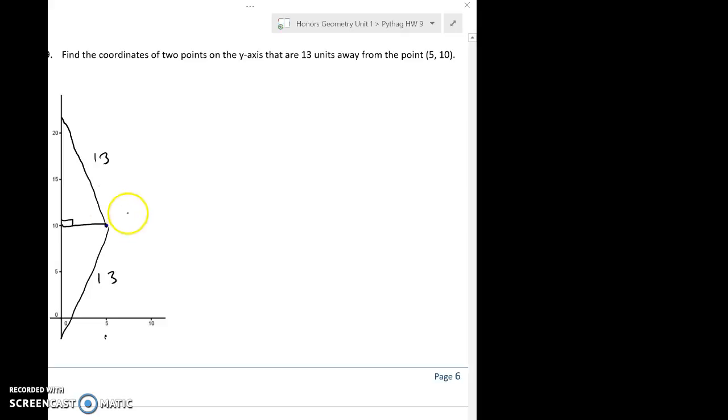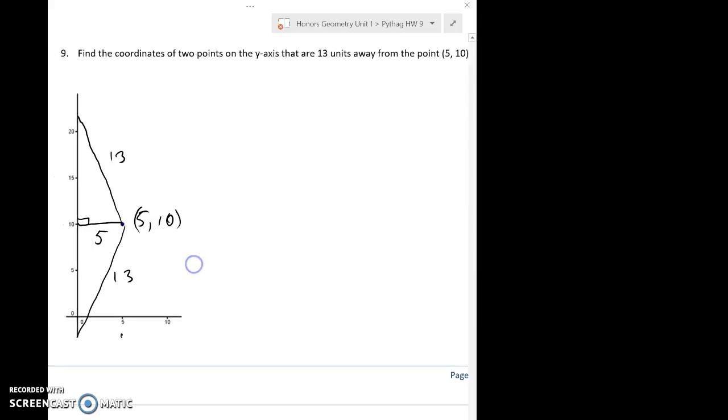Well, if you know this is at the coordinate 5, 10, we know that this horizontal distance right here is going to be 5 units because it's 5 units out. So now it's just a matter of trying to find the base of this triangle, if you want to think about it this way, this vertical piece.